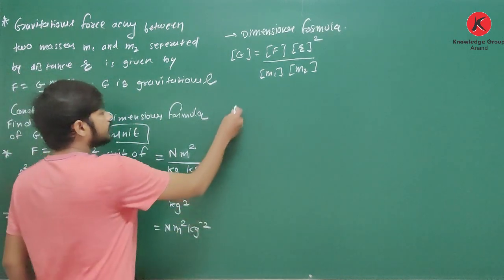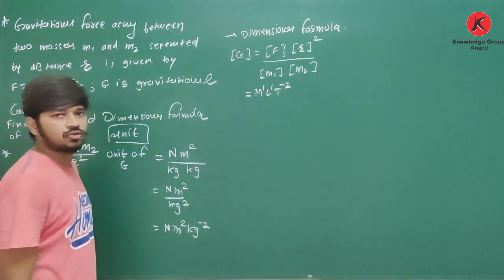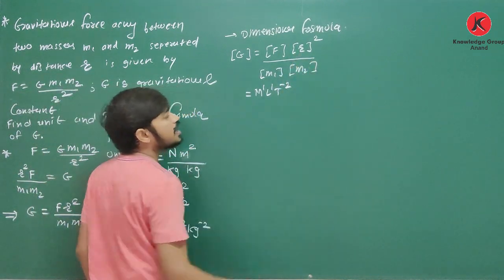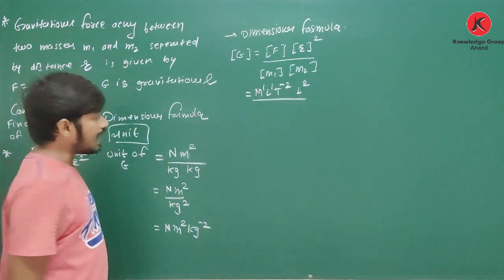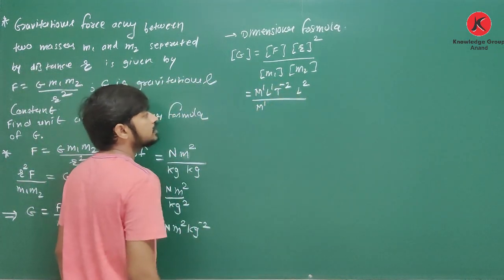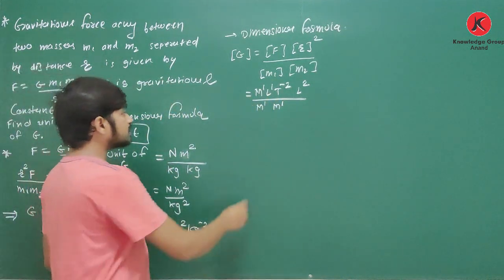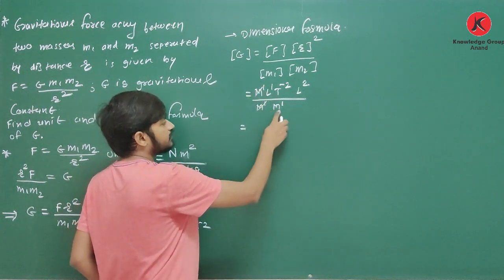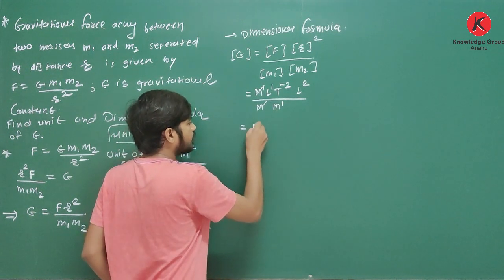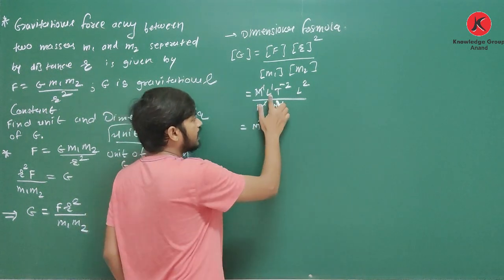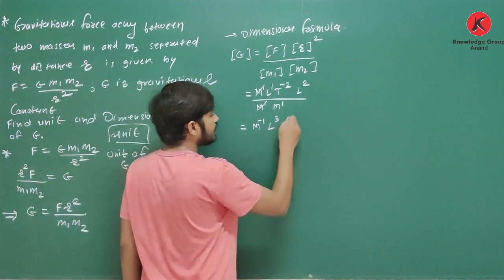Now how to find the dimensional formula? You know the dimensional formula of force is M1 L1 T minus 2. Yes or no? Yes. The dimensional formula of r, meaning distance, is L2 when squared, divided by m1 and m2, which are masses, so their dimensional formulas are M1 and M1. So it is equal to M1, then there is only one term having M, and if I take this term to the numerator it becomes M minus 1, L1 and L2 become L3, and here it is T minus 2.